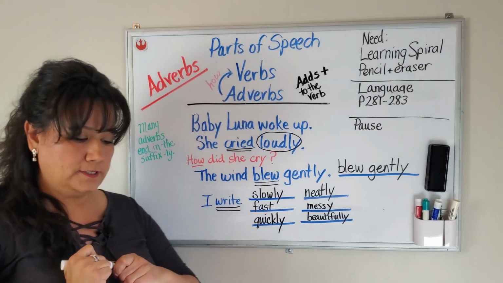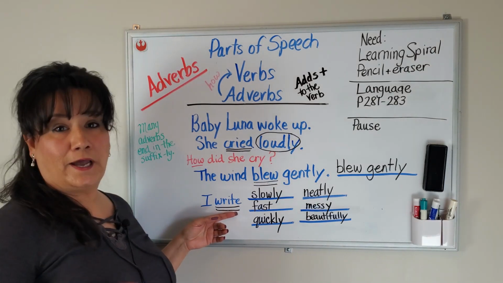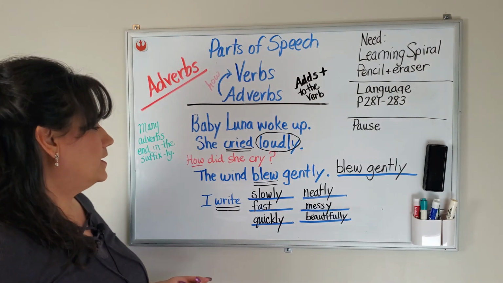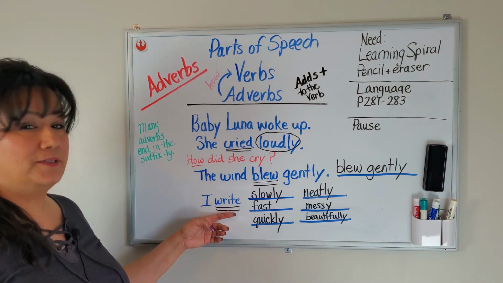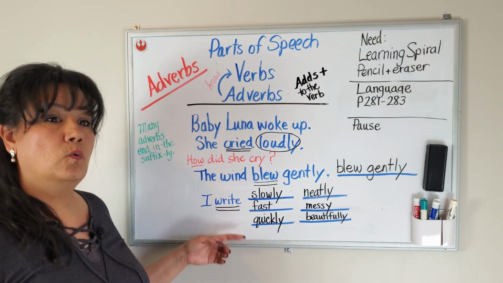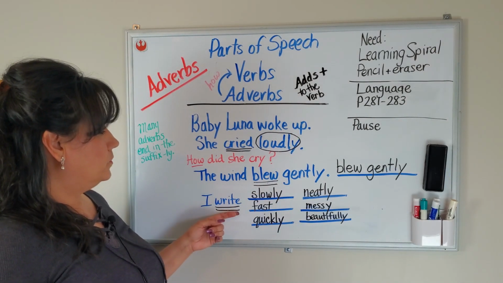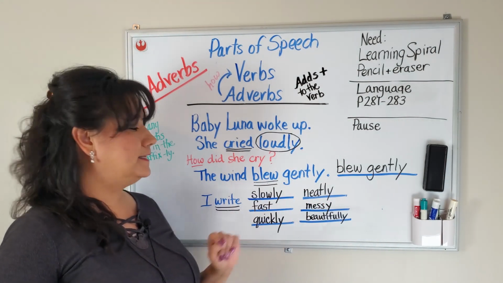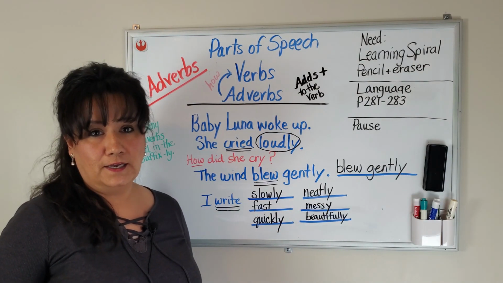So if you'll notice here, we have one verb, and the verb is write. It is the action that you guys are doing a lot of. And you have the adverbs, which add to the verb. This is going to tell us what kind of writing you're doing. Are you writing slowly? You can write fast. You can write quickly. You can write neatly. You can write messy. And you can write beautifully.